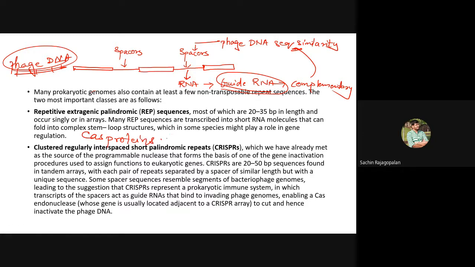Cas proteins are endonucleases. So wherever the phage DNA has integrated into your chromosome, the Cas protein will go there, cut it, and throw it out from there. But how will I know exactly where this phage DNA has integrated? I will know from the guide RNA, which has a complementary sequence to this phage DNA. So it will go and bind and hybridize to that location, and the Cas protein will cleave it off from that site.